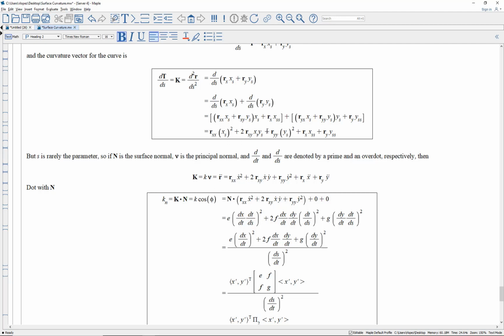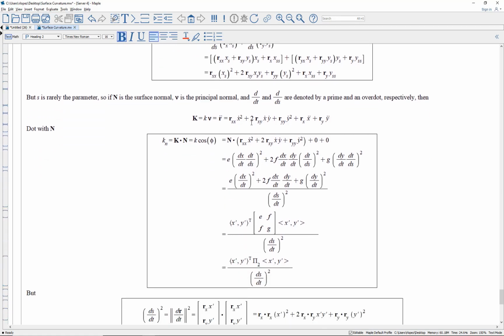If you translate these expressions into this dot notation, you have r_xx x dot squared, and then r_xy x dot y dot, r_yy y dot squared, r_x, and this is x double dot, and this is y double dot.